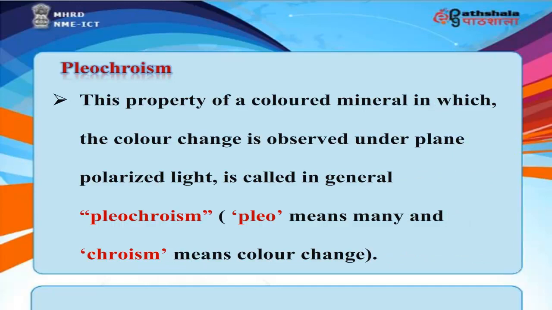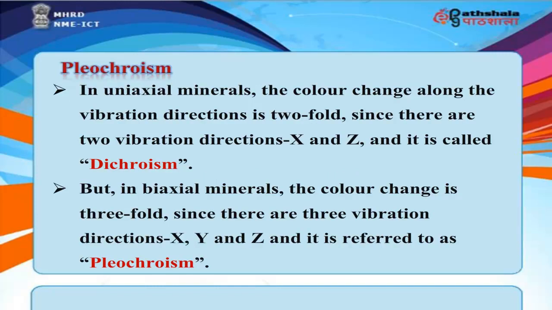This property of a colored mineral, in which the color change is observed under plane polarized light, is called in general pleochroism. Pleo means many and chroism means color change. In uniaxial minerals, the color change along the vibration directions is twofold, since there are two vibration directions, X and Z, and it is called dichroism.